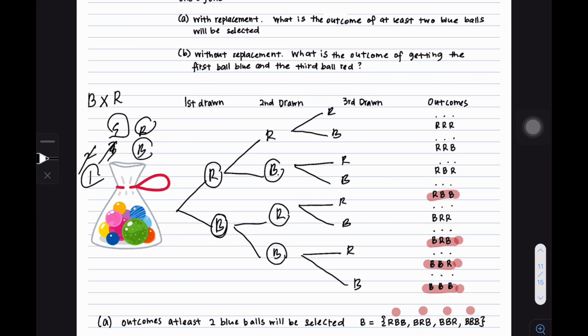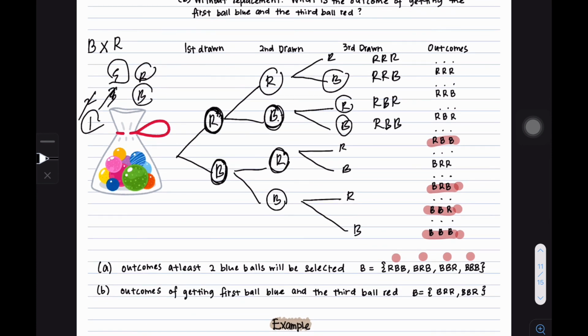So now let's analyze our tree diagram. So the first one is R, R, R. Okay, dapat red, dapat red, dapat red. The second one is R, R, B. Dapat red, dapat red, dapat blue. And then the third one is R, B, R. Dapat red, dapat blue, dapat red. Then R, B, B. Dapat red, dapat blue, dapat blue.